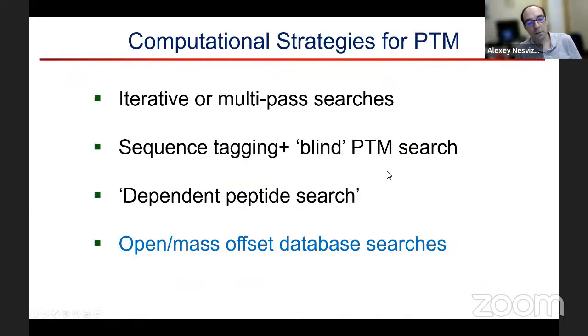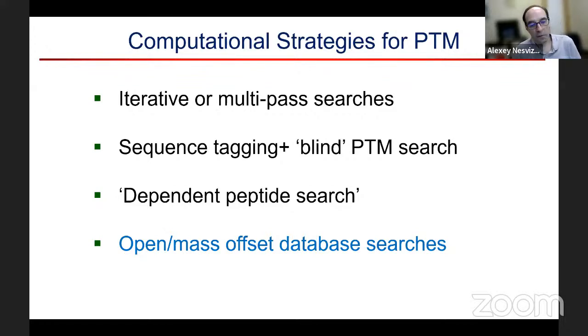With respect to PTMs, before we jump to the quantification, because it is one of the big parts of our success, is this open mass offset search strategy that we developed. And that's an alternative strategy for identifying post-translational modifications that goes beyond what has been tried before, or is still tried in other tools, which is iterative or multipass searches, sequence tagging, or a dependent peptide approach that's probably best known through its implementation in MaxQuant.